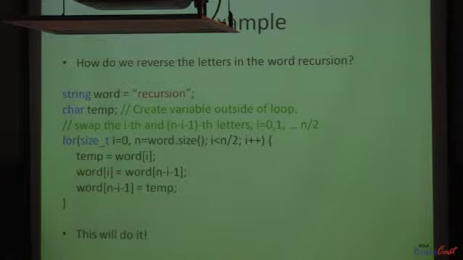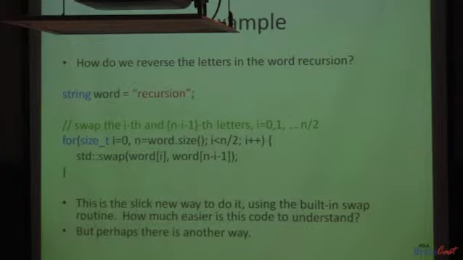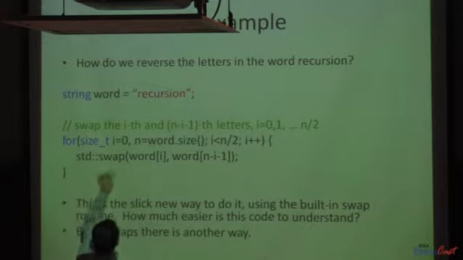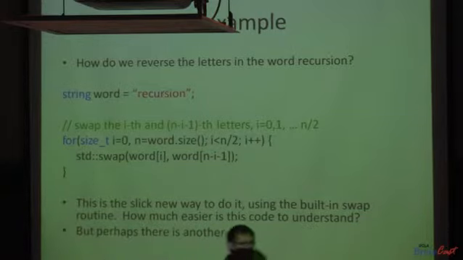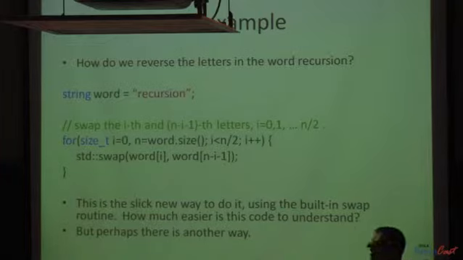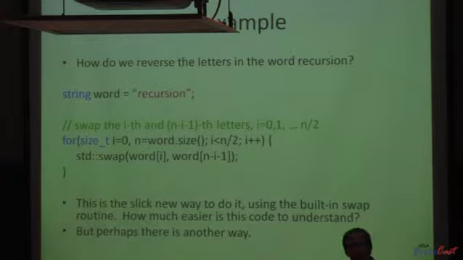I can make this even more concise. This is really what you should be doing. You should be calling routines like std::swap, or just swap if you're using namespace std. The reason is because they sometimes take advantage of optimizations in there. They don't just have those 3 lines of code. They actually are very efficient ways of swapping 2 data types. So if you can, this is the slick way to do it.